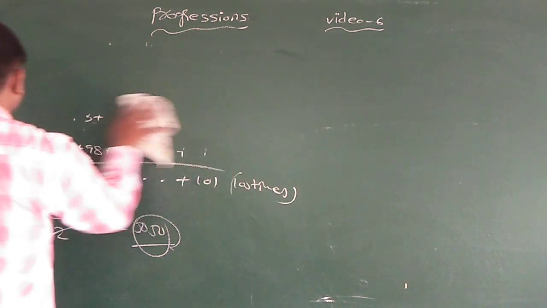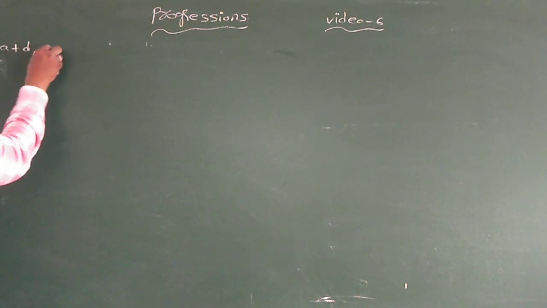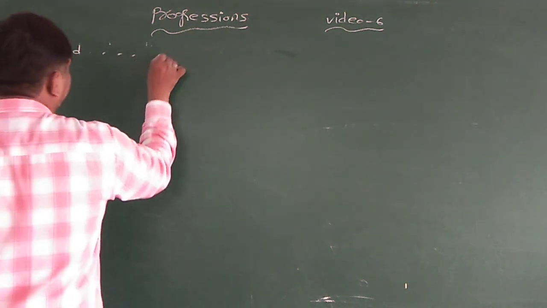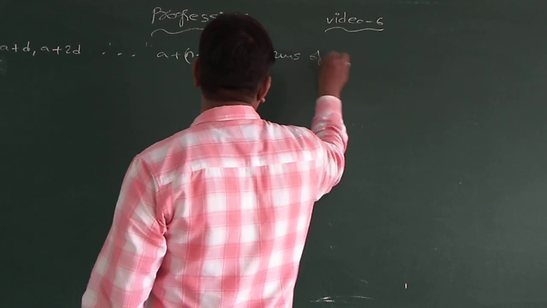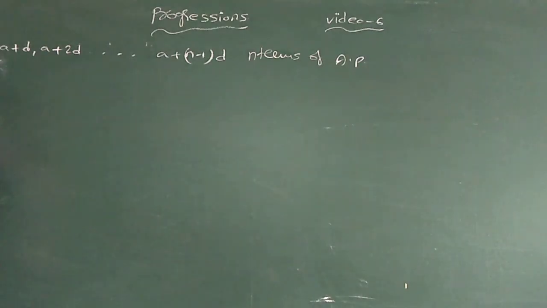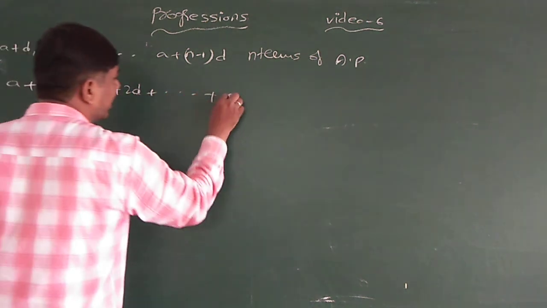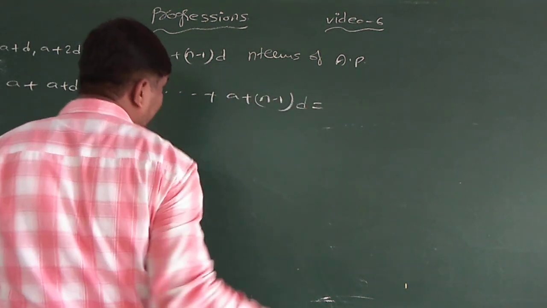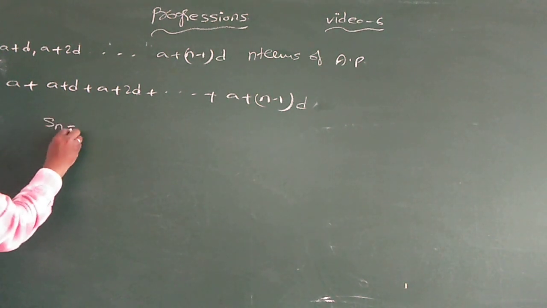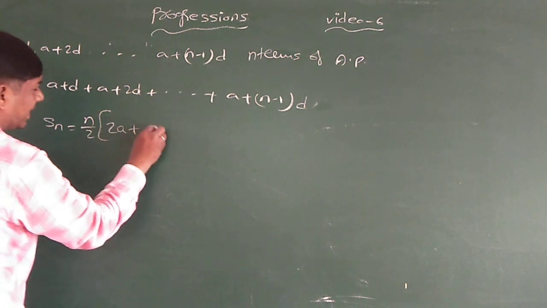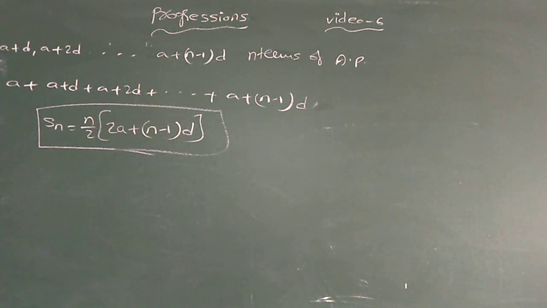Suppose a, a plus d, a plus 2d, and so on, up to a plus n minus 1 into d are the n terms of an AP. The sum of these n terms is Sn is equal to n by 2 into 2a plus n minus 1 into d. This is your sum of n terms formula.